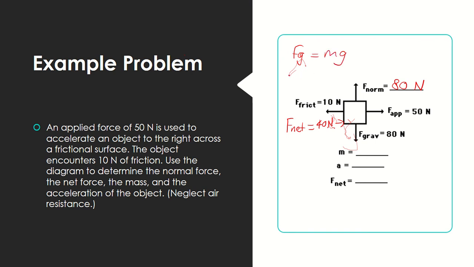So we can work out the mass of the object because it's the force due to gravity divided by the acceleration due to gravity. So the mass of this object is the 80 Newton force divided by 9.8. So 80 divided by 9.8 is equal to 8.16 to three significant figures. So 8.16 kilograms.